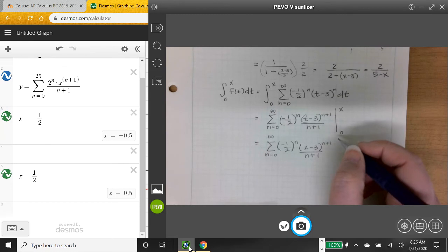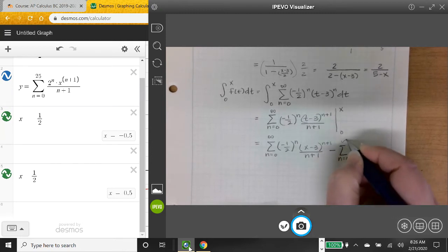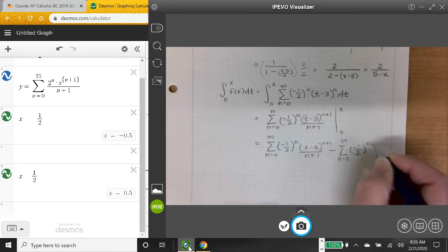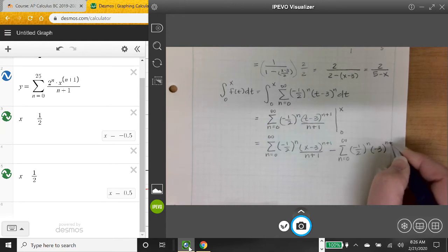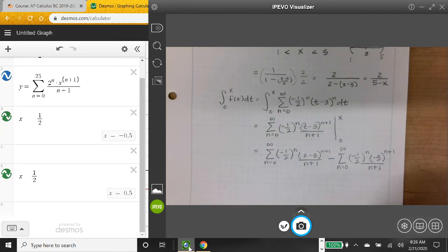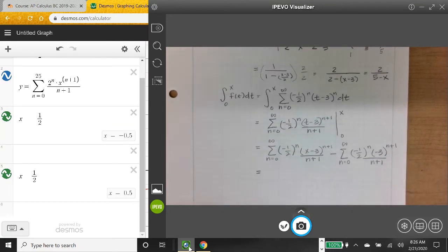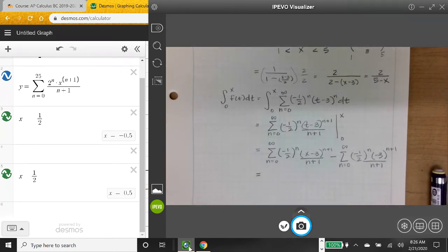Okay, so that's going to be minus the sum from n equals 0 to infinity of negative 1/2 to the n, negative 3 to the n plus 1 over n plus 1. And when I'm raising these negative powers to a power, I think they're going to cancel, but give me a second to think about it.